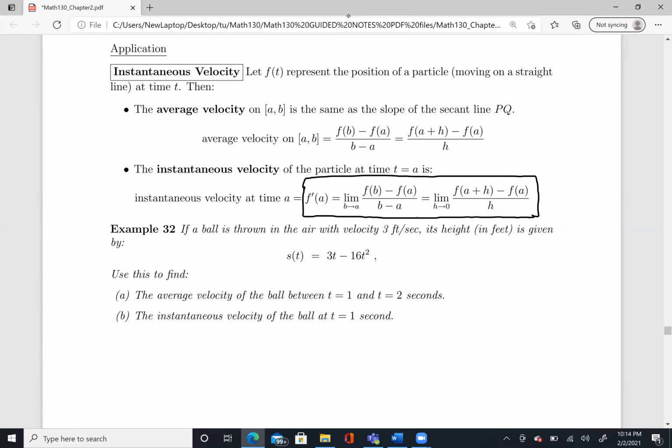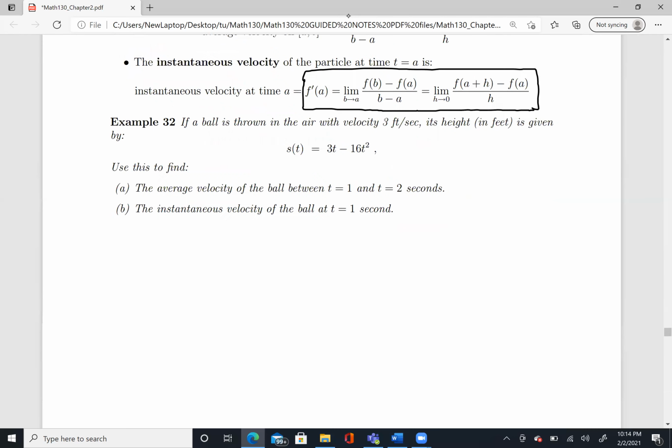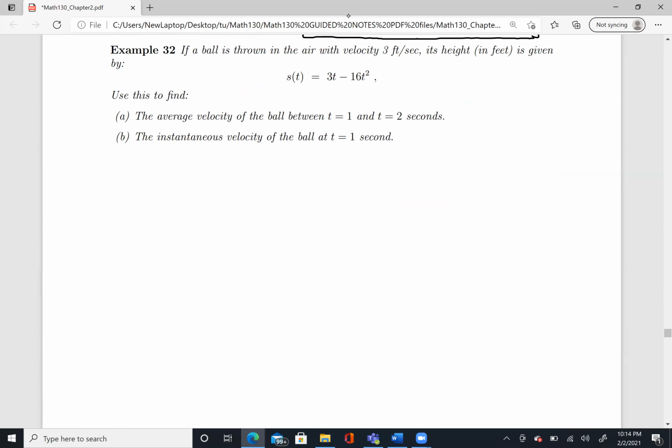Okay, so let's do example 32. A ball is thrown in the air with velocity 3 feet per second, and its height in feet is given by s(t) = 3t - 16t squared.